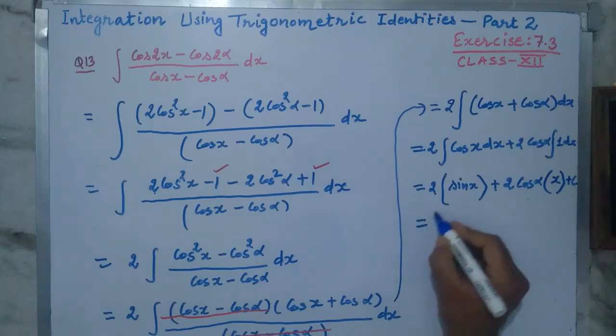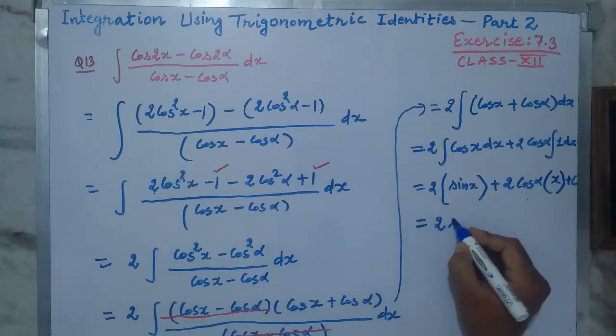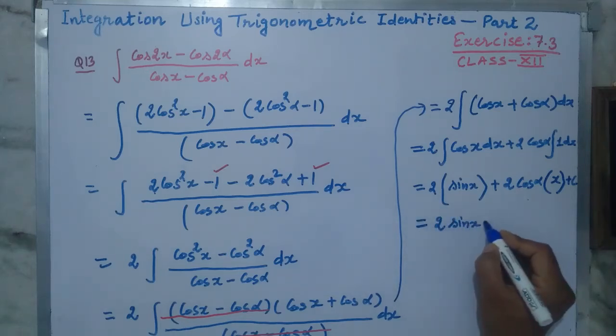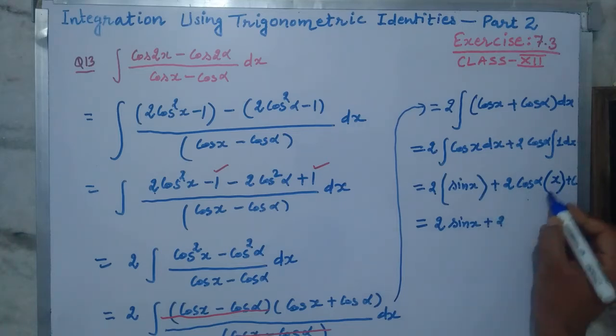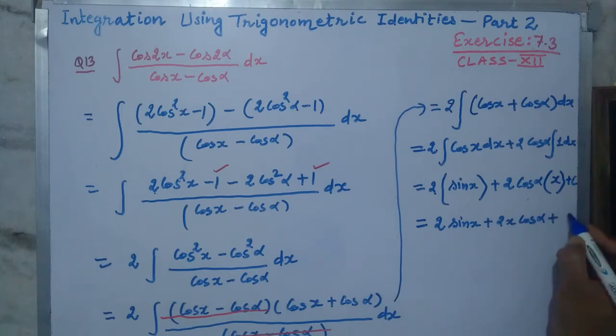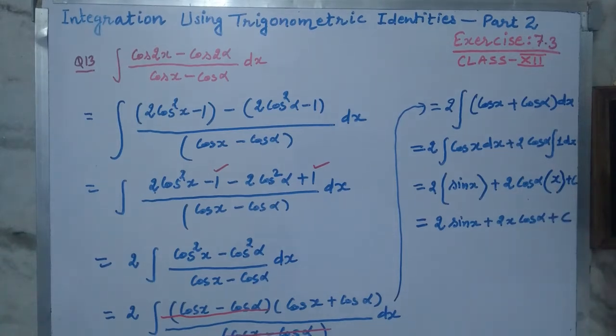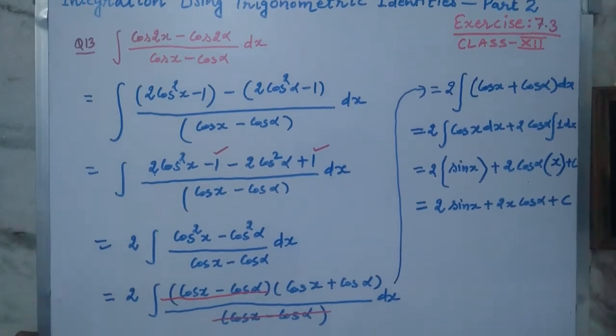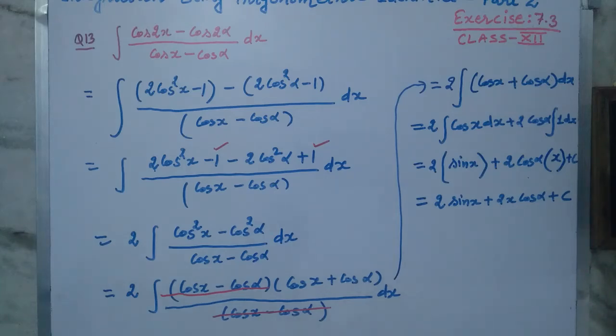So the final answer becomes 2 sin x plus 2 x cos alpha plus c. So this way our question is solved now.